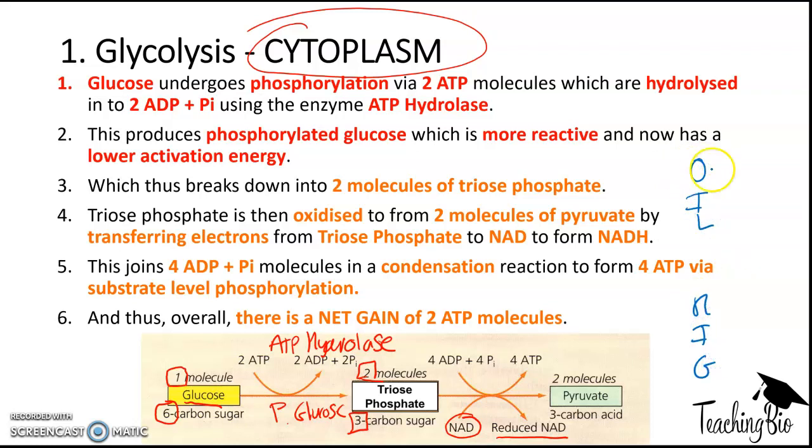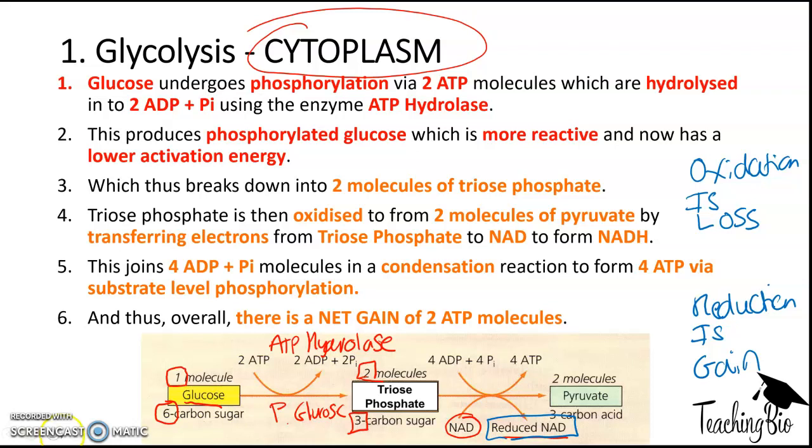OIL RIG is basically oxidation is loss of electrons and reduction is gain of electrons. So as we are forming reduced NAD, reduction has occurred in that the NAD has gained the electrons from the triose phosphate.